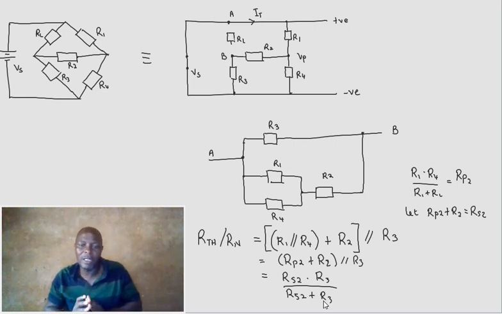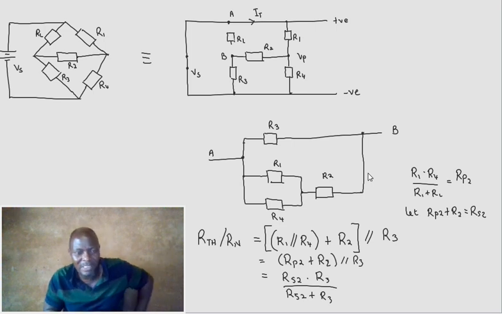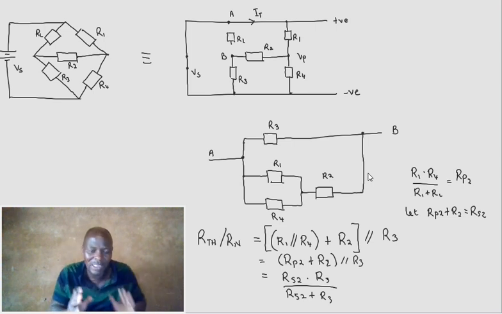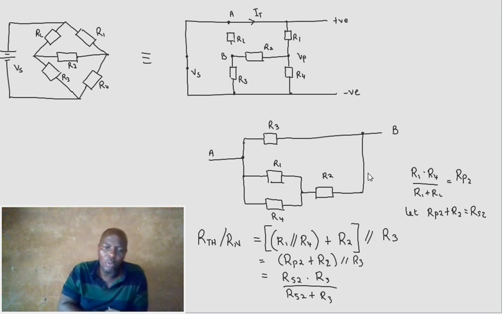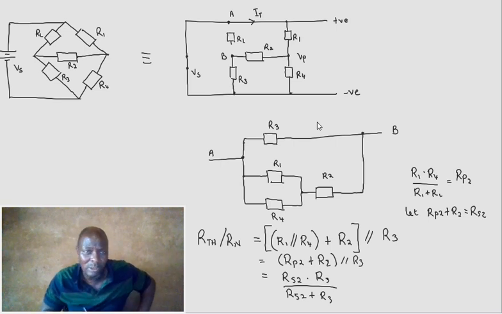I don't know whether this is too easy, but I think what you would realize is after analyzing your circuit nicely, this becomes very, very easy. As long as you can analyze your circuit and see exactly what's what, this is not difficult. Where people lose it is in analyzing these circuits. That is where people actually get lost.